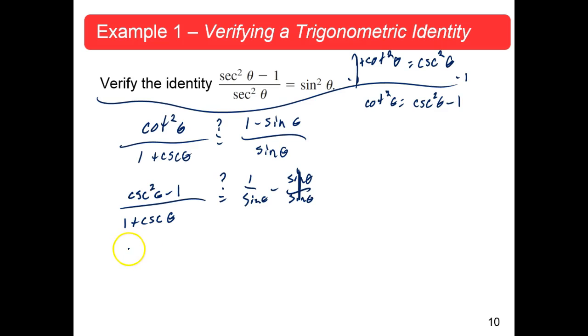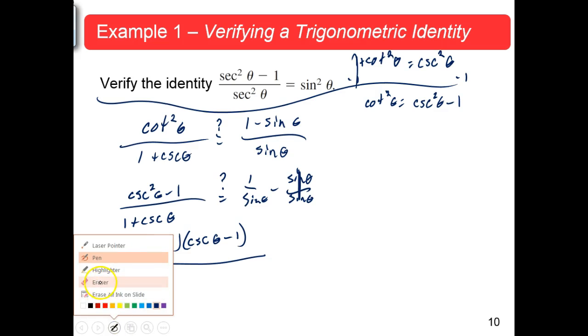So let's write this as cosecant theta plus 1 times cosecant theta minus 1 over, now I'm going to rearrange the denominator. Is that legal?